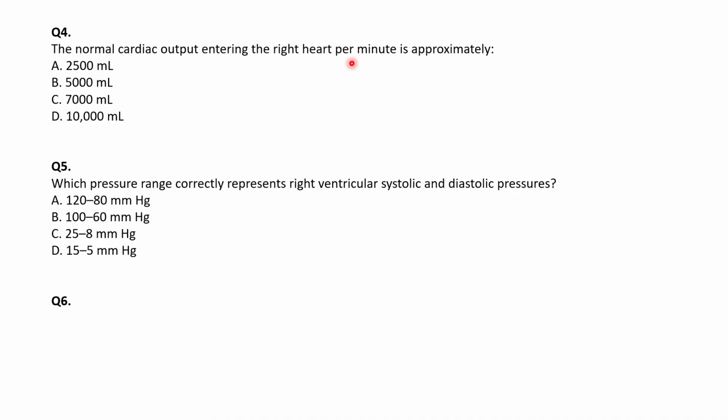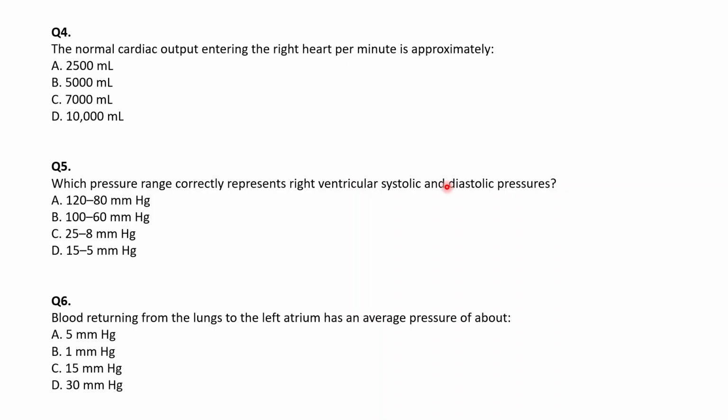Yeah. So let's move to the next question. Blood returning from the lungs to the left atrium has an average pressure of how much? This is important if you just remember why it needs to be this value for homeostasis.